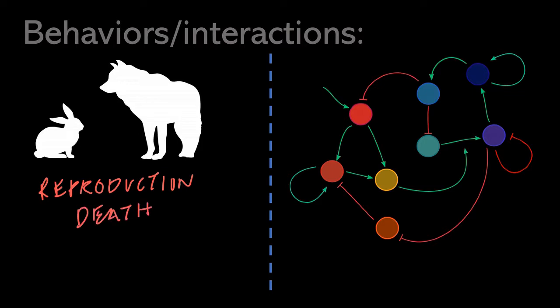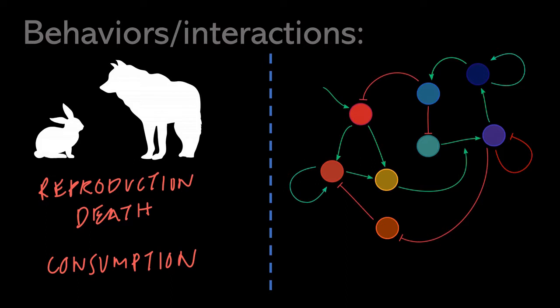And these are behaviors of both of these species in your model. But you can also get the interaction, which is consumption, and this is how the predator and the prey species interact. The predator consumes the prey.